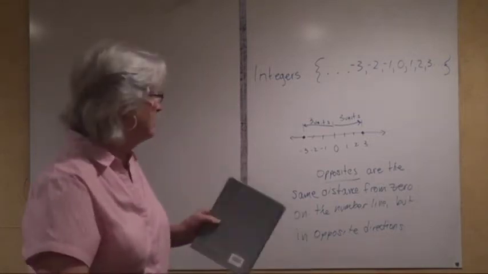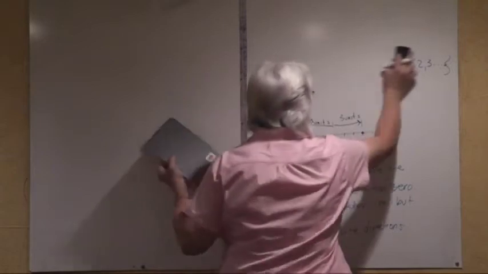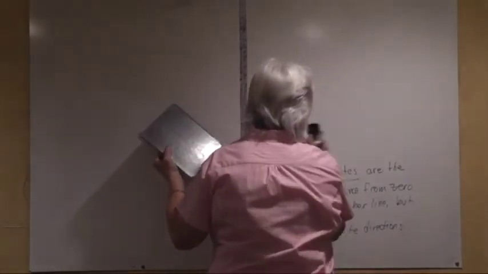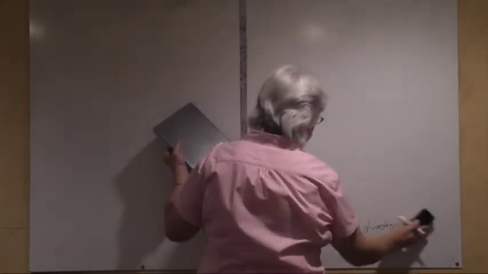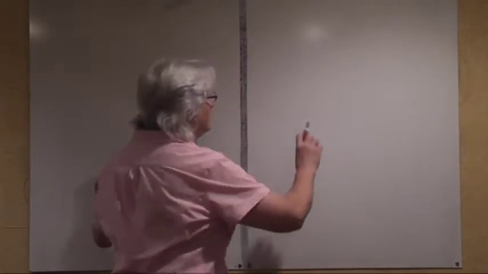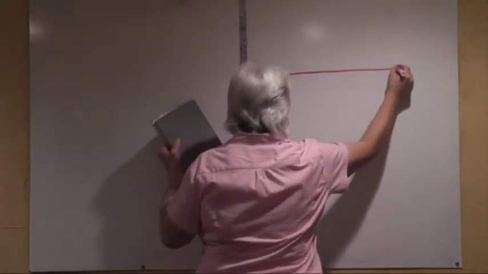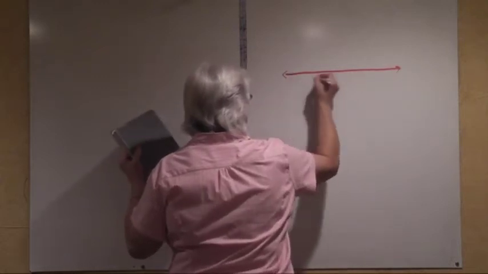So let me go ahead and clean this up. Give me just a little bit more room. And I'll go ahead and sketch another number line. Now when you guys draw your number lines, I want you to use a ruler, a straight edge.